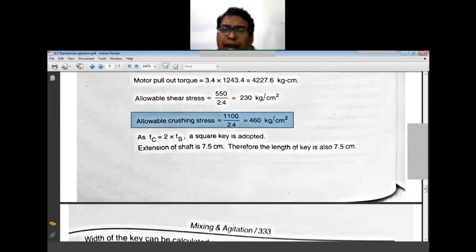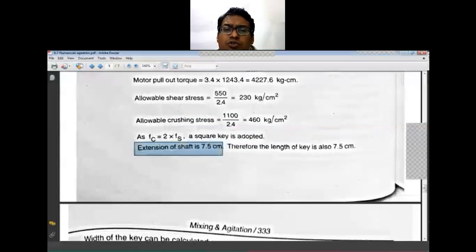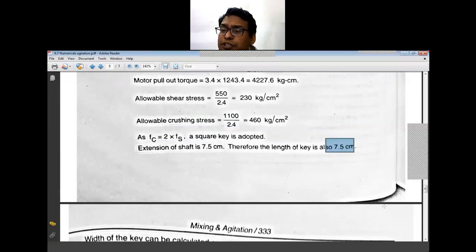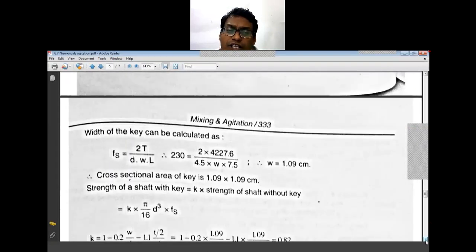The square key is generally preferred and adopted in this case. Also the extension of the shaft, that is nothing but the length of the key, is given as 7.5 centimeters. So we have to calculate the width of the key in this case.